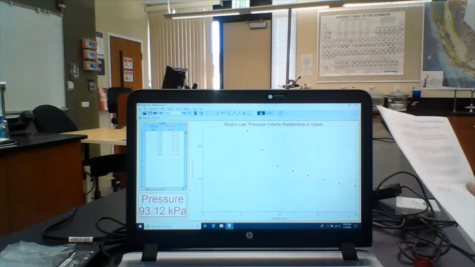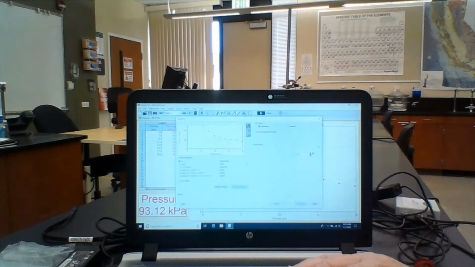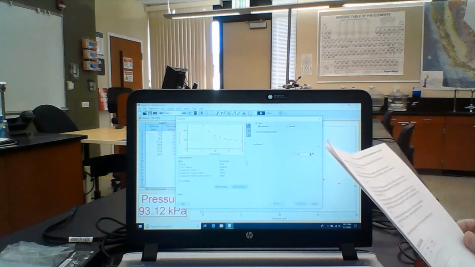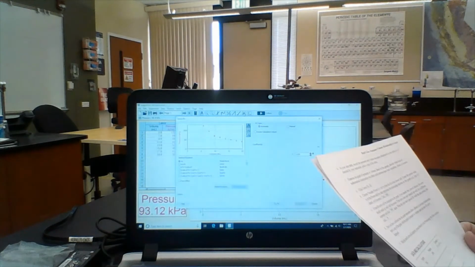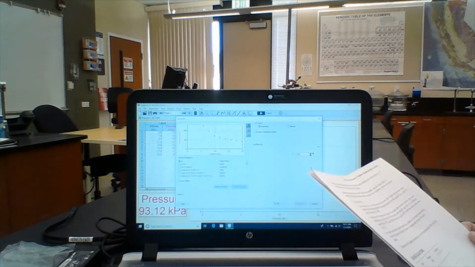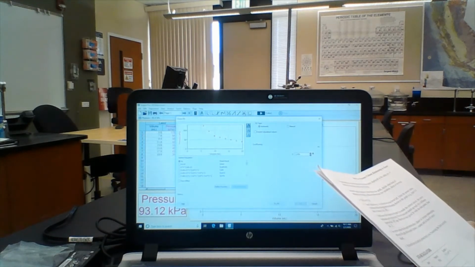We want to click on curve fit, which is right here, and we want to decide whether this is direct or indirect. We're going to choose a variable power, and we're going to use y equals ax to the n power.